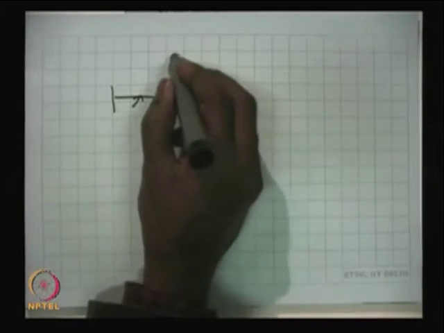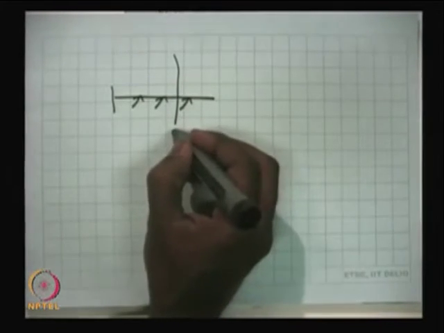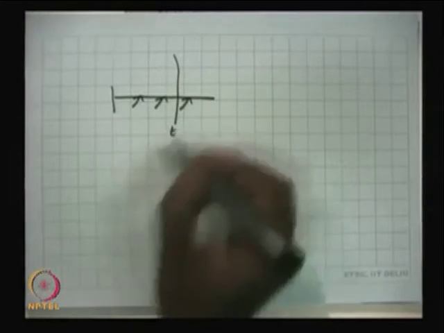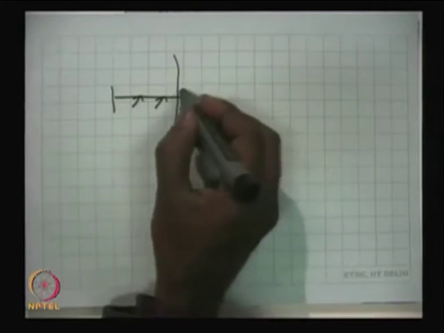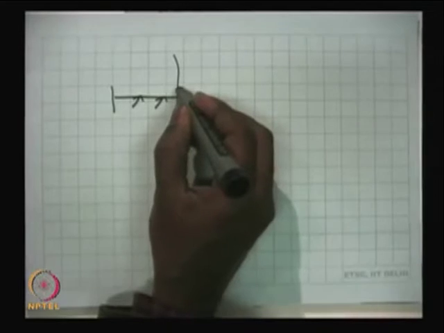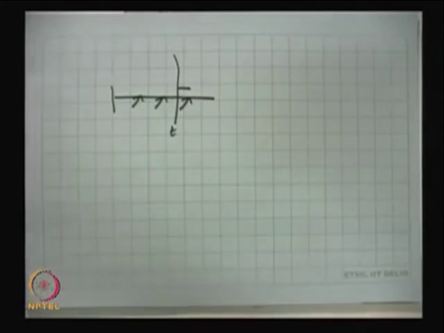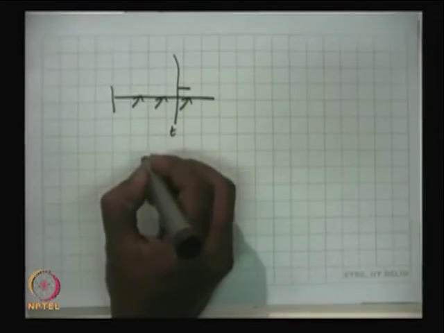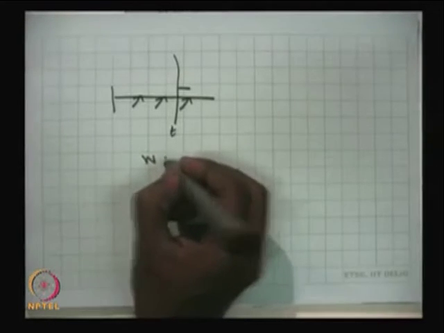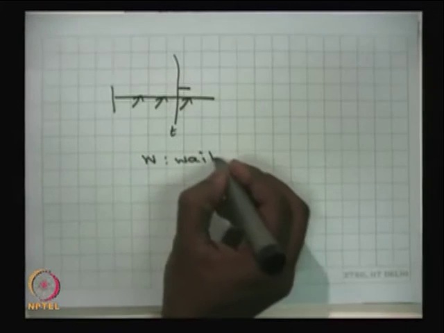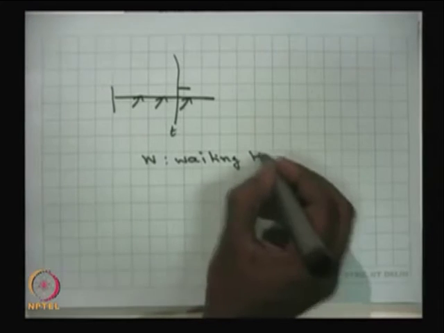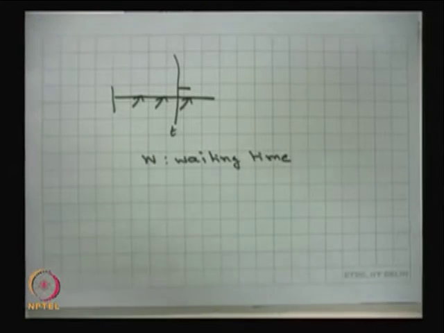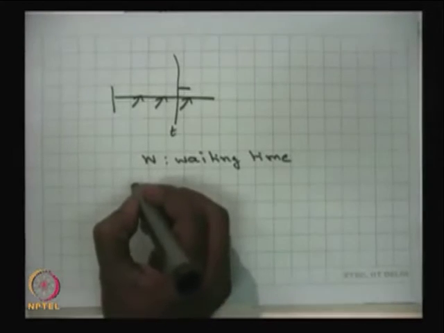Suppose at some time you come to the bus stand, and suppose the bus is going to come at this time, your waiting time is this much. So, W is going to be your waiting time. The question is, what is the average waiting time?